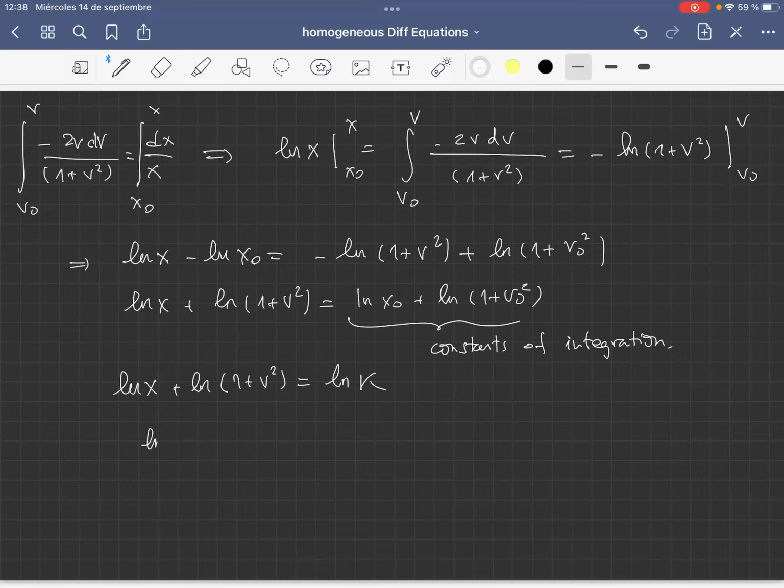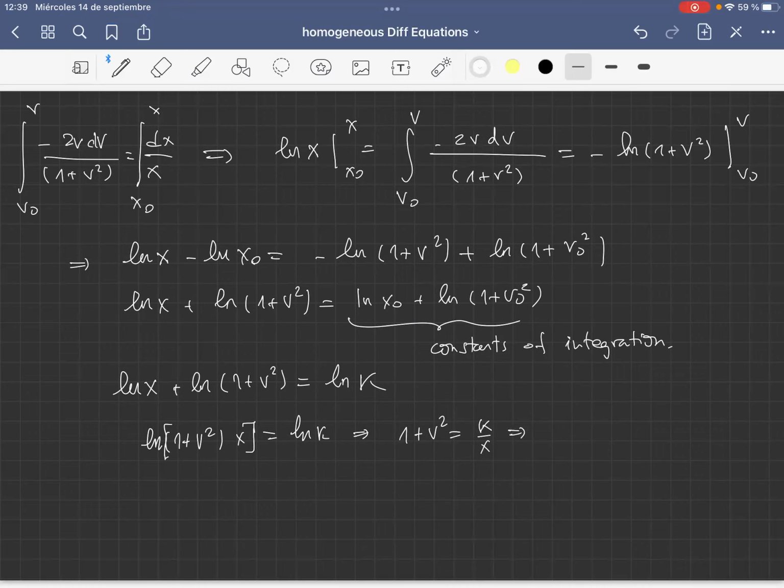So now we have the logarithm of 1 plus v squared multiplied by x equals logarithm of k. And from here, we obtain that 1 plus v squared is exactly k divided by x.